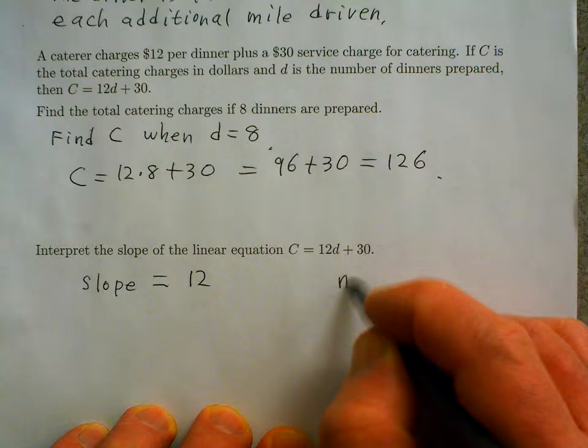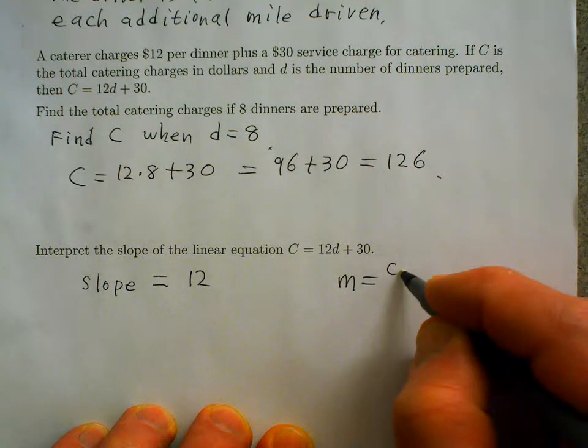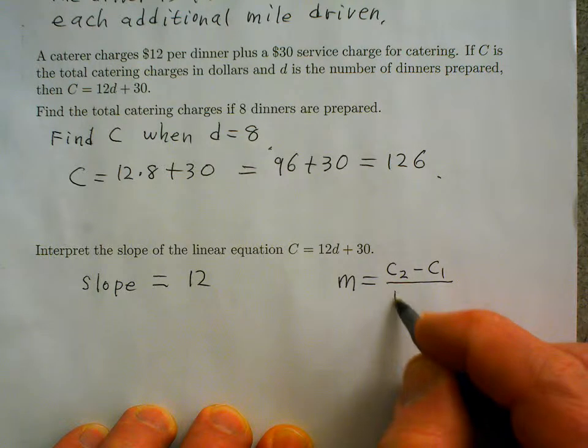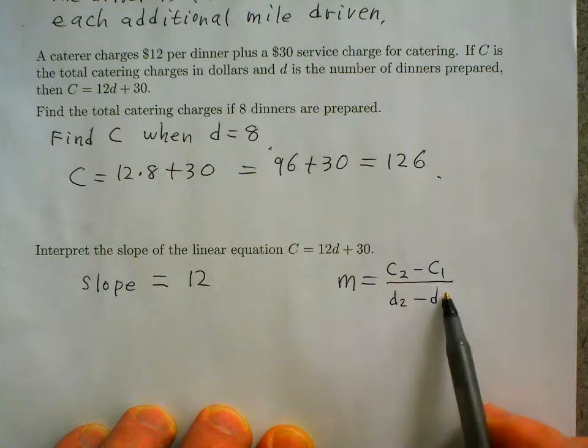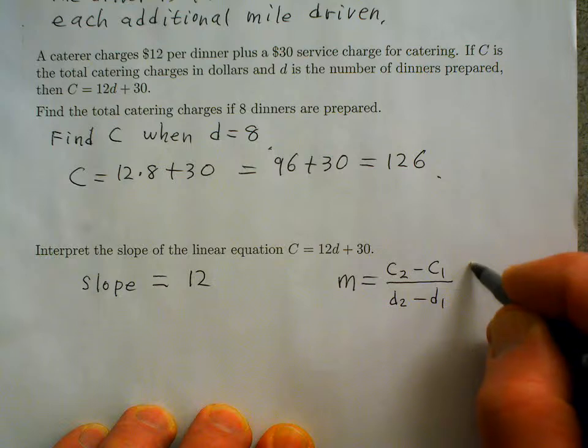So you could think of the slope as having the form c2 minus c1 divided by d2 minus d1. And the units for the cost, or the charges, are dollars.